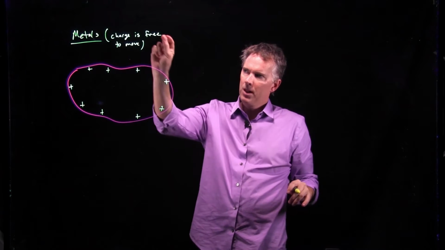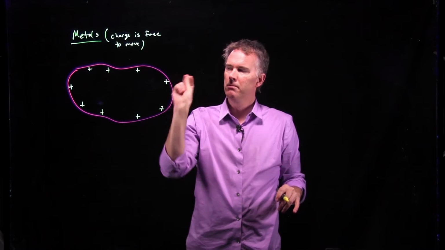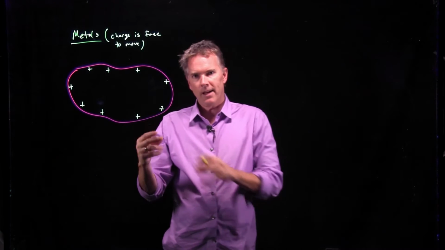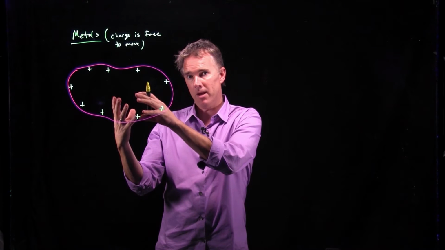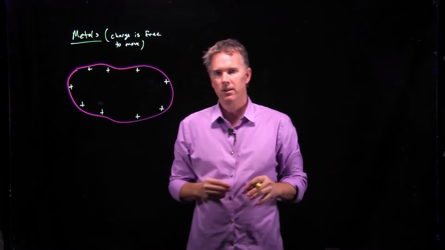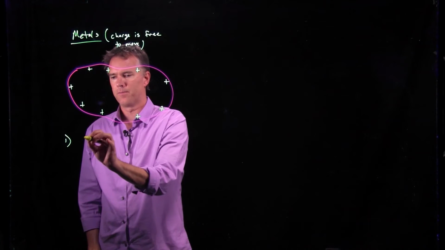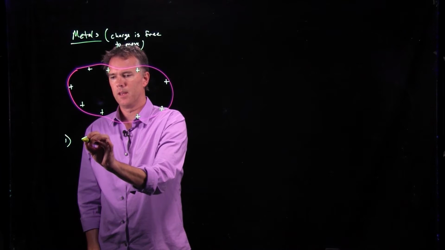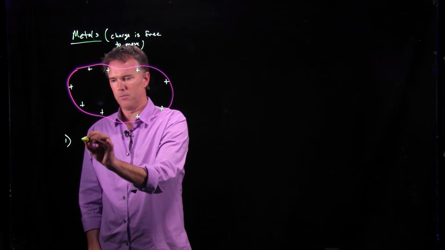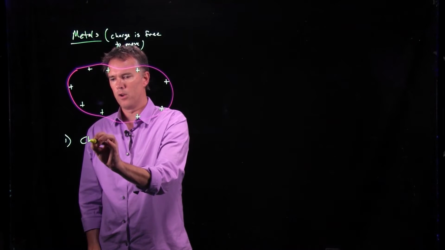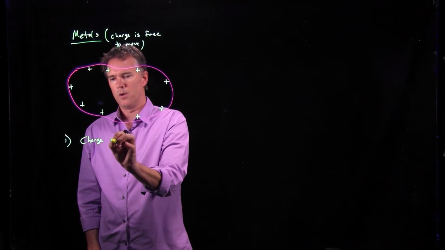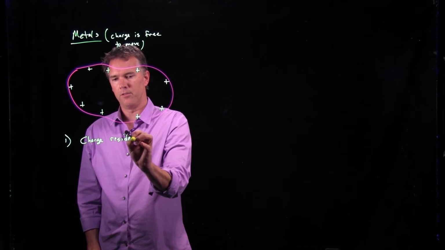So just this simple idea that charge is free to move makes you realize that any charge you put in that metal is going to push out to the edge. And so this is one of the rules of conductors. The E field is causing these charges to move, and therefore charge resides on the surface.